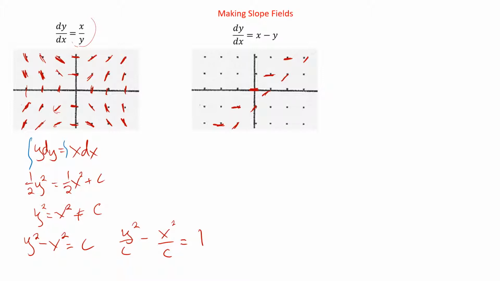That's when x is 1 more than y. When y is 1 more than x, so say at 0, 1 or 1, 2, that'd be 1 minus 2 is negative 1. So this line is going to be negative 1. Notice in that line, y is always 1 more than x.